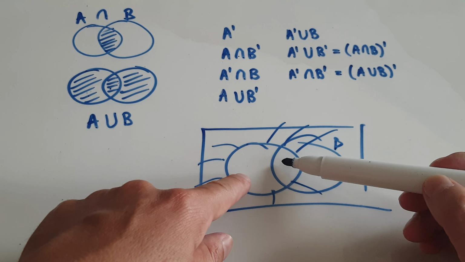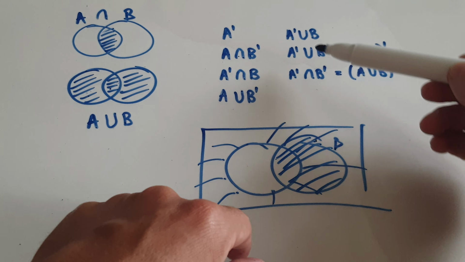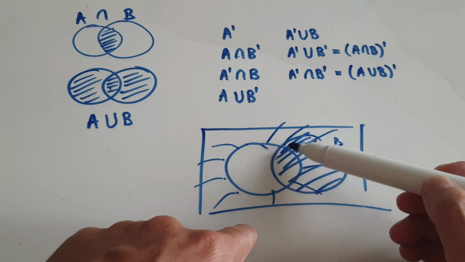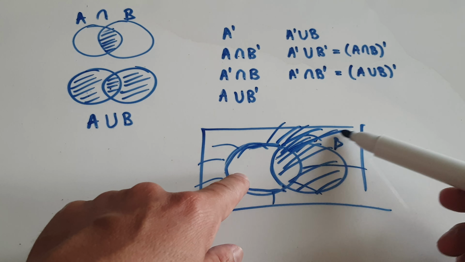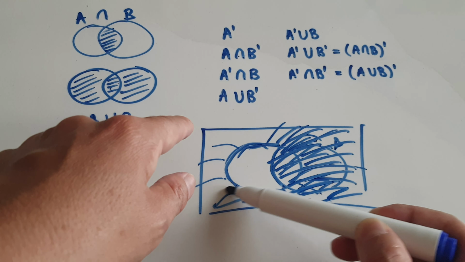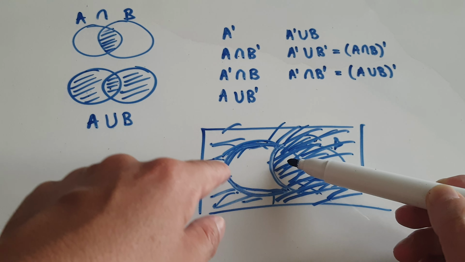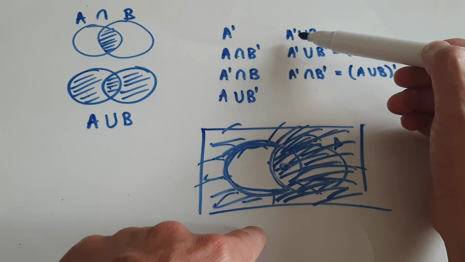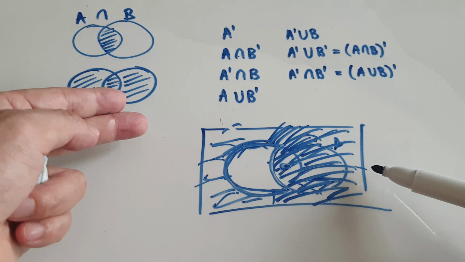So now picture inside of B. So it's outside of A or B itself, which means it's everything except from this region here, because if you're in this region you're inside of B, and also the union of everything on the outside of A.